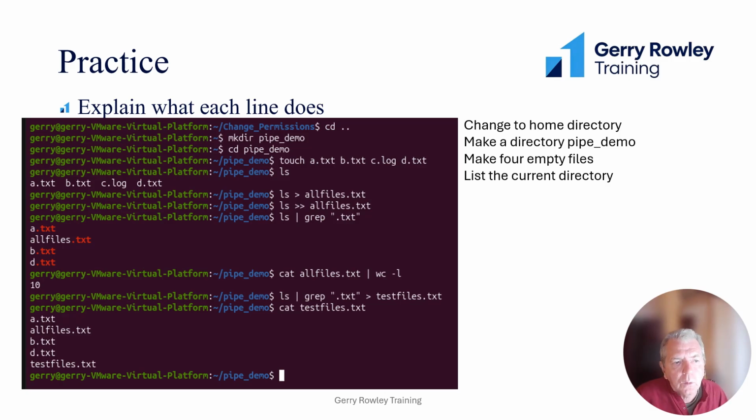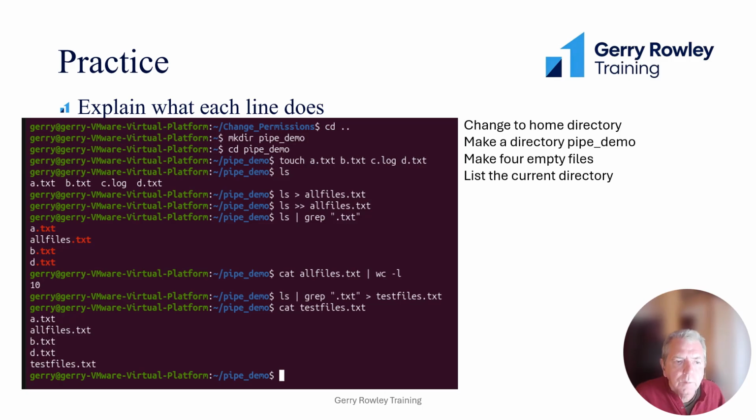If you did a cat allfiles.txt now, you would see that it's listed all files twice. The next line, ls pipe grep .txt, we saw that on the previous slide. So it's listing all the files that contain .txt. It's a filter. The next line, cat allfiles.txt pipe wc.